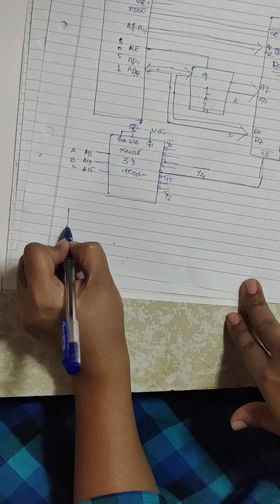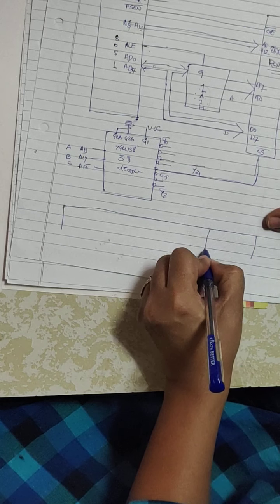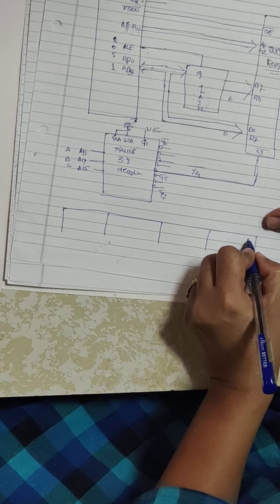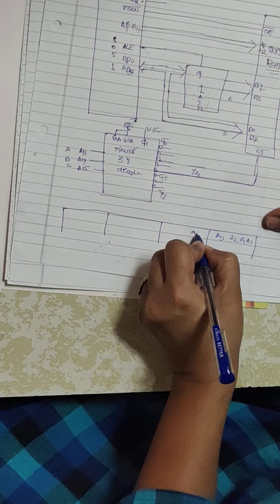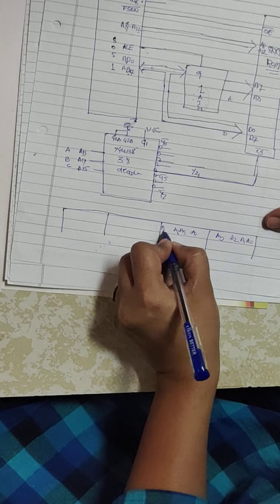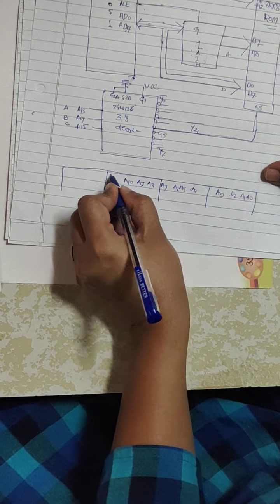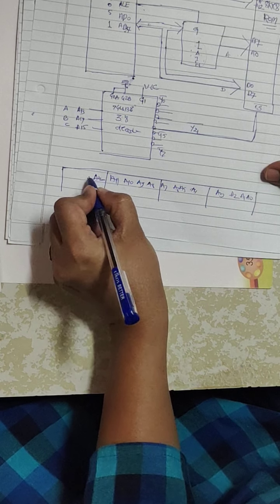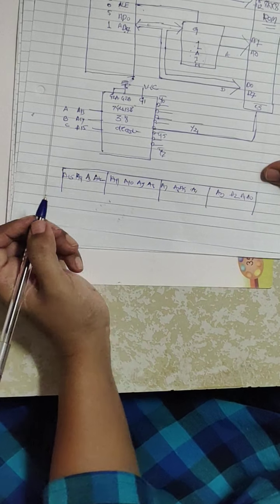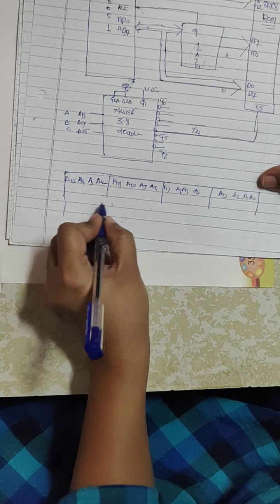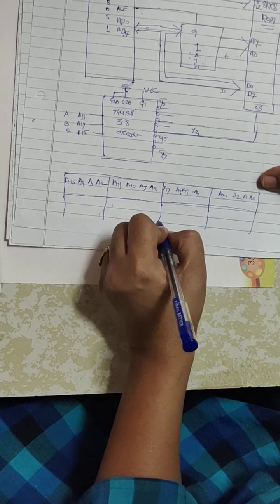Now we have to generate the address map: A0, A1, A2, up to A15. So we have to calculate the starting address and end address of the ROM memory.